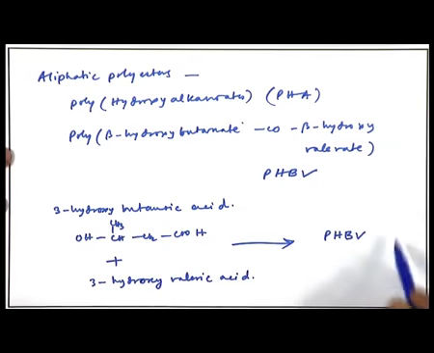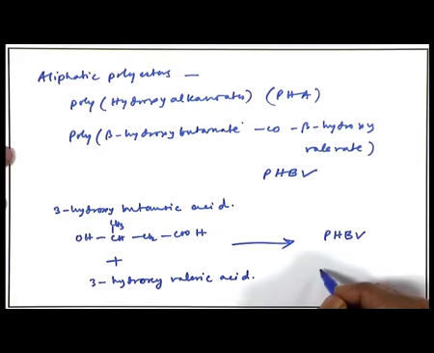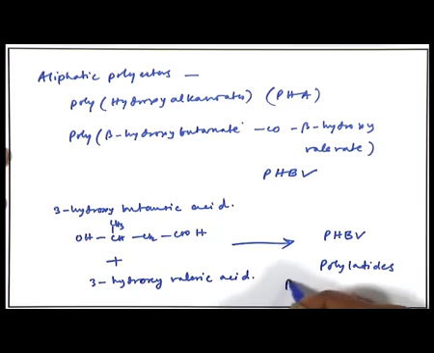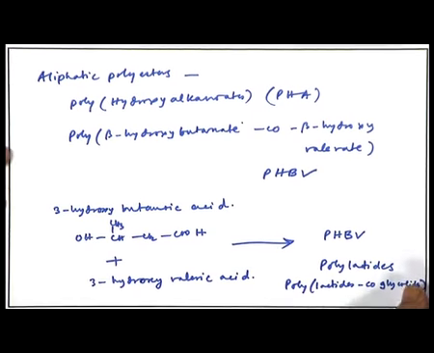You can write the structure yourself. Other polyesters are polylactides, which are formed from polylactic acids, polylactide-co-glycolides, which are formed from a copolymer of lactic acid and glycolic acid, and polycaprolactones.